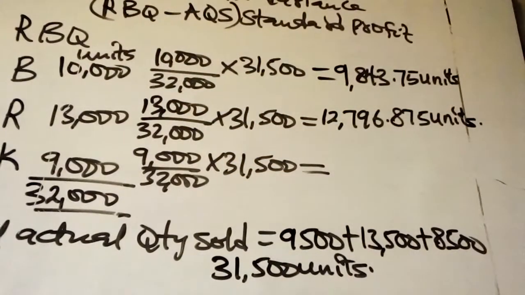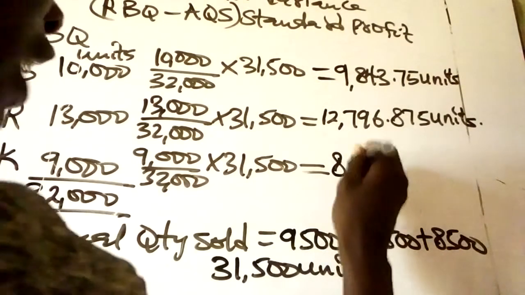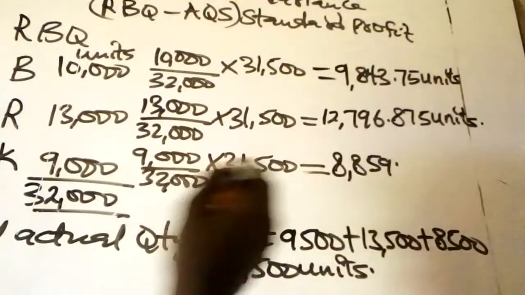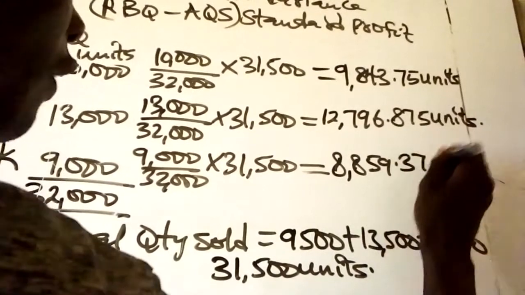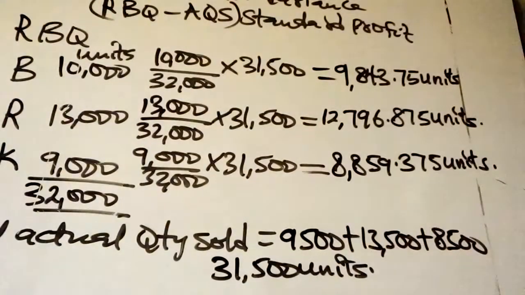For K, we will have 8,859.375 units. That is our revised budgeted quantity.